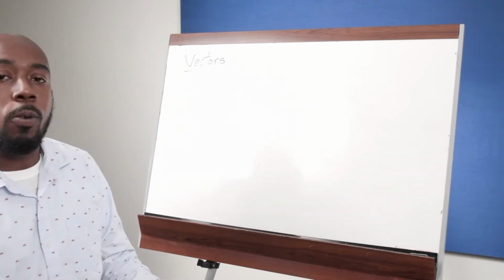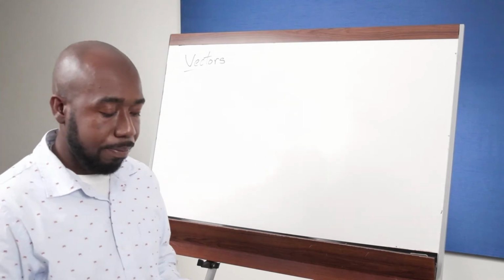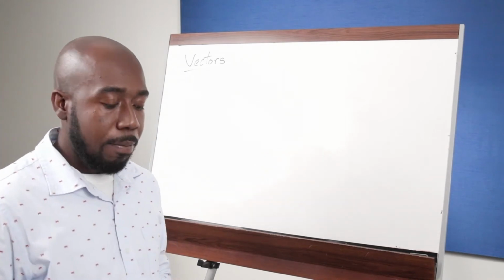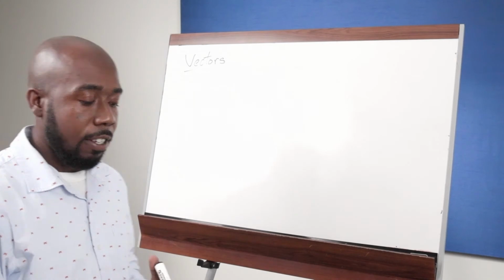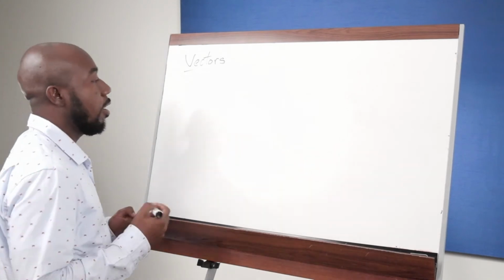Now let us look at how we can represent a vector. A vector can be represented using a straight line. So let's say we have a straight line on a graph.